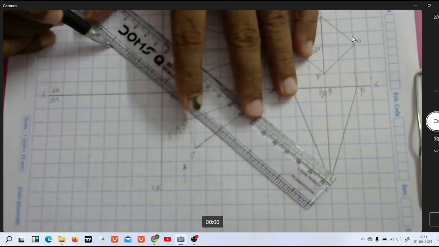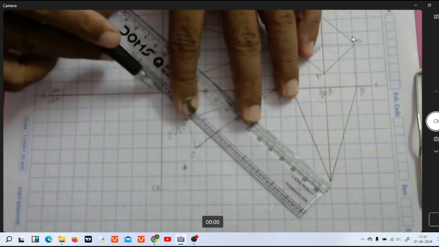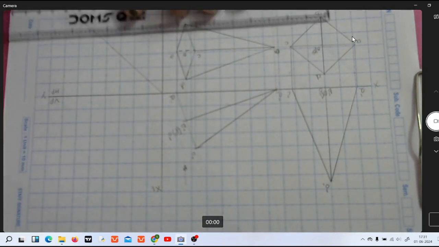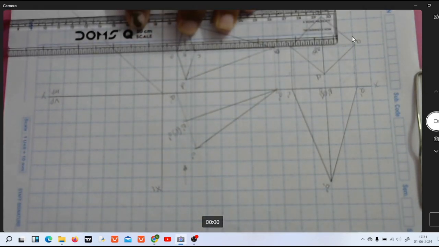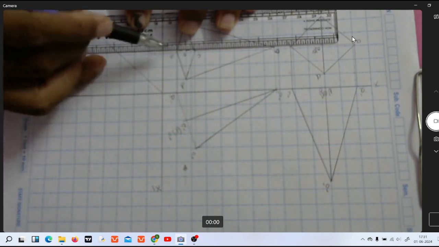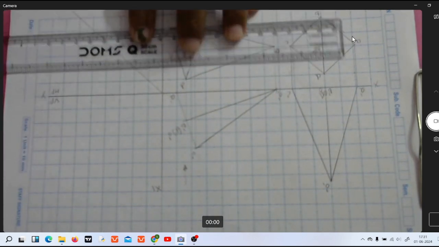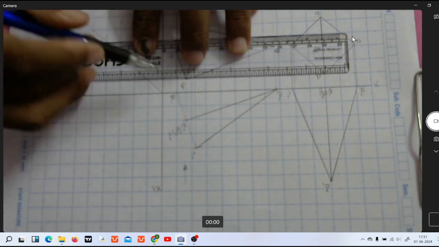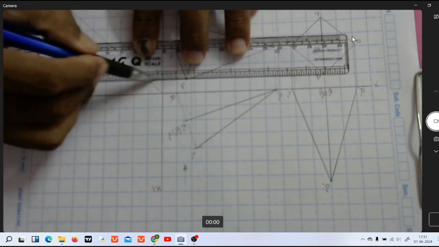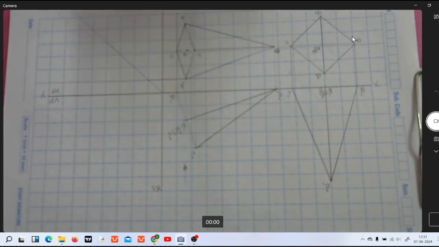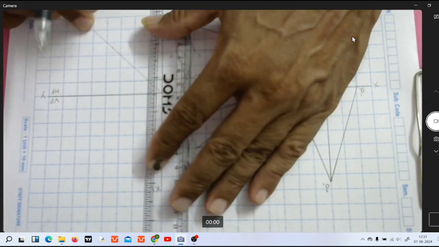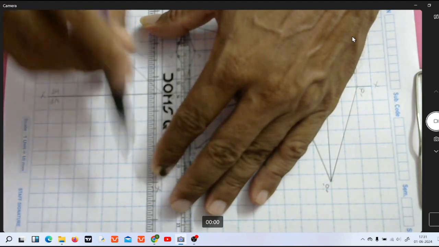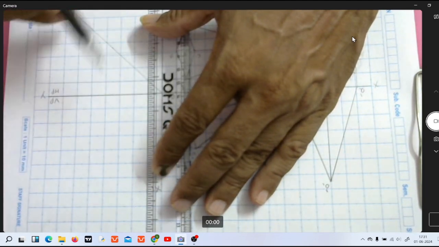Now let us connect and draw here. So now produce all these horizontal construction lines to touch this 45 degree inclined line. So construct vertical reference lines above the xy line.